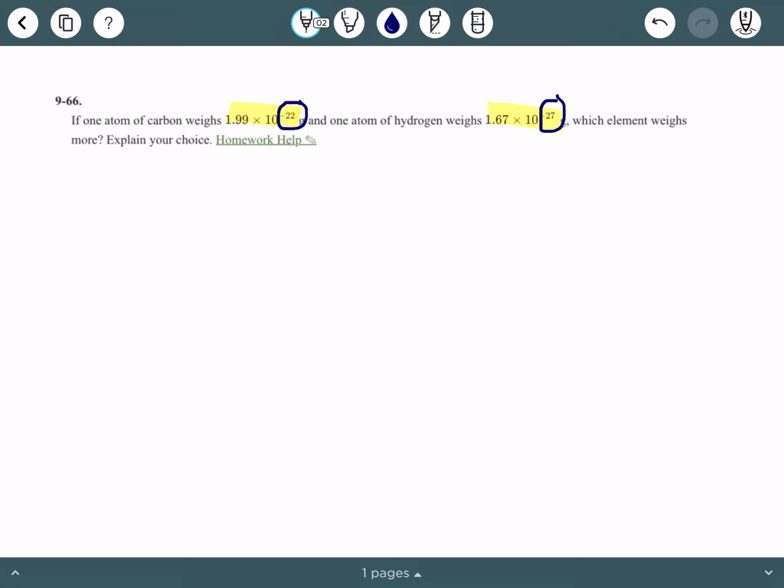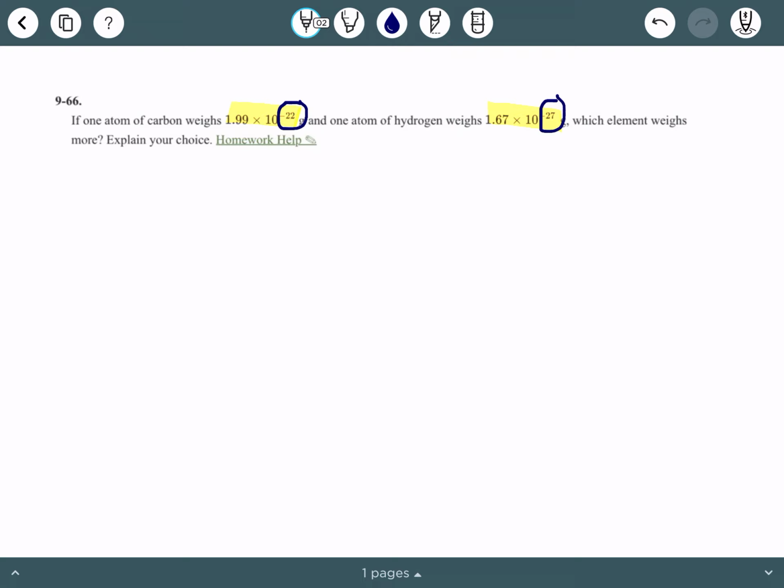So my exponent of negative 22 indicates that there are going to be less zeros in my number. So because these are being raised to negative powers, it means we're dealing with two tiny, tiny, tiny, absolutely minuscule numbers here.